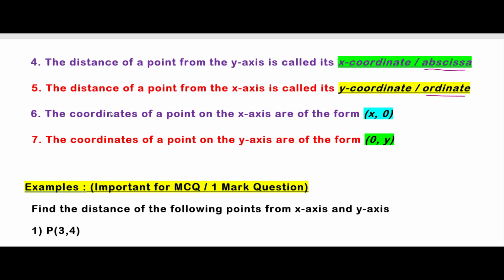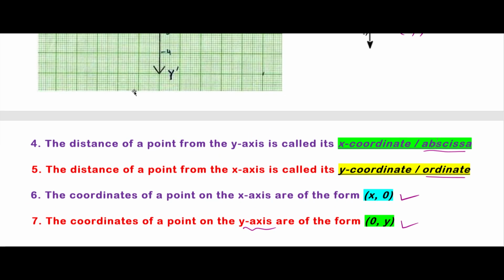The next important point is any point on the x-axis. Any point on the x-axis is of the form x, 0. In the same way, any point on the y-axis is of the form 0 comma y.